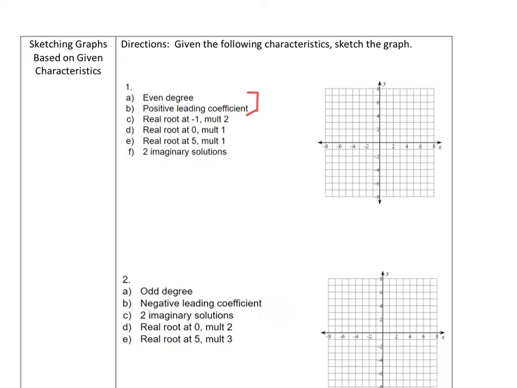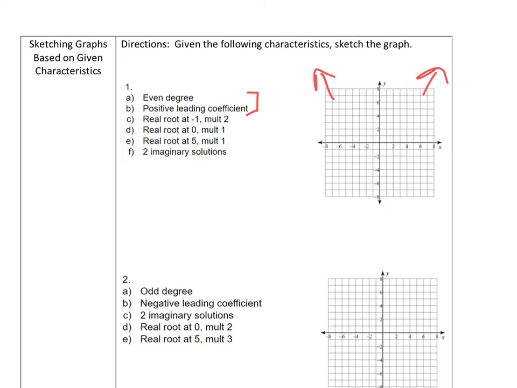So if we look, first off, even degree, positive leading coefficient. So if we look in the chart, even and positive means up to the left and up to the right. So I know that relatively speaking, this graph needs to have those directions here. So I'm going to draw those arrows, okay?